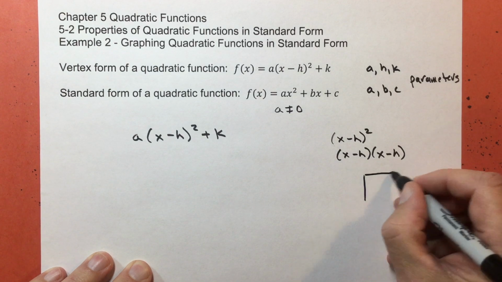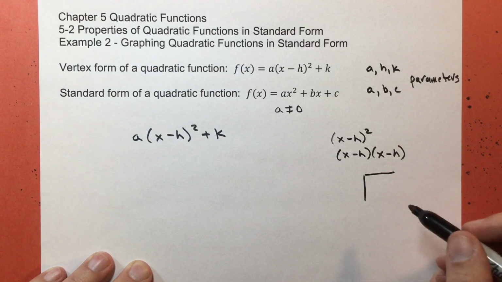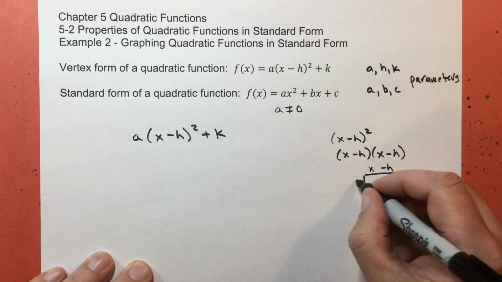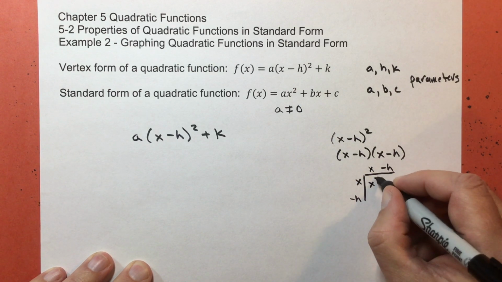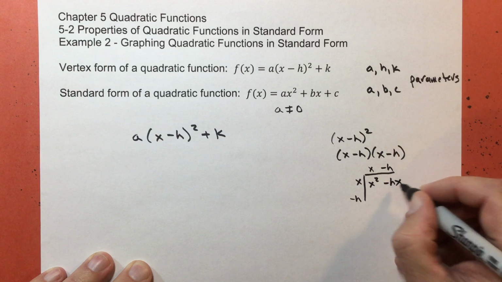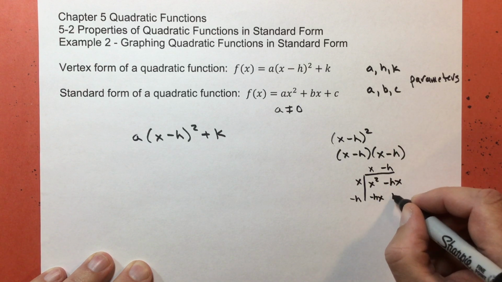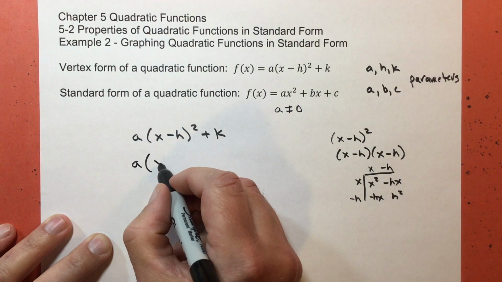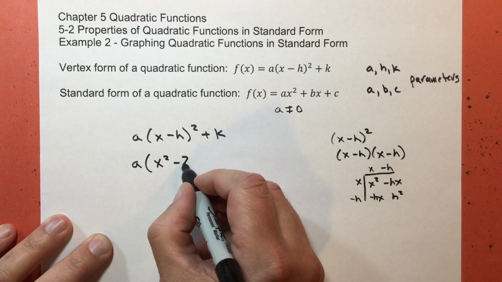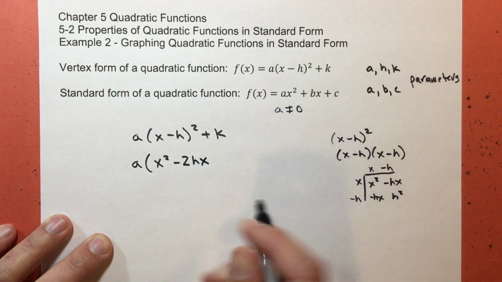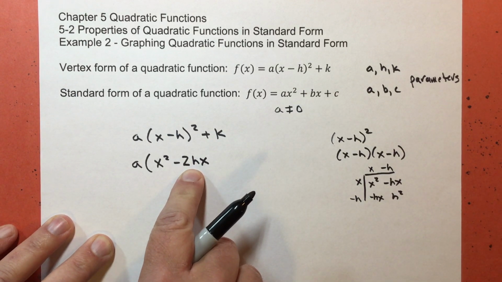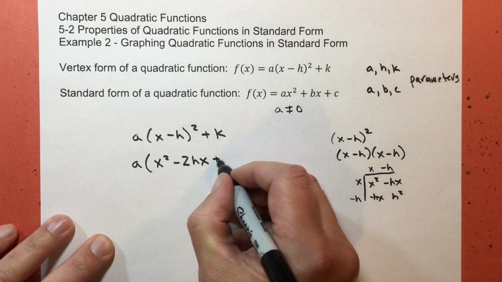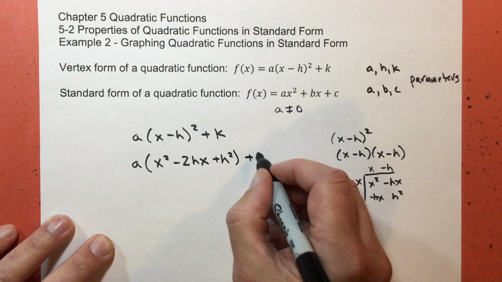I like explaining it using the way the original mathematicians were doing it. x subtract h, x subtract h, I get x squared, negative hx, negative hx, and h squared. So when I put that all together, I get x squared subtract 2hx, and remember, h is not a variable, it's a number. So whatever h is, just negative 2 times that, plus h squared plus k.